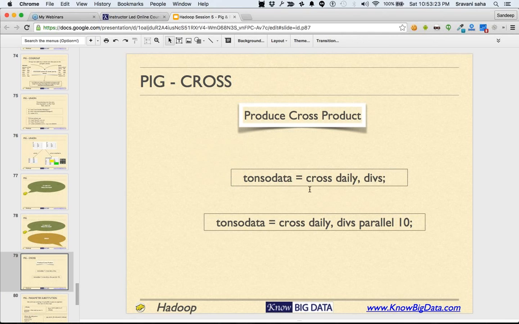Some of you must be wondering how this will be implemented in MapReduce. Again, I'll point you to the same example. The matrix multiplication example should give you a decent amount of background on how the cross product is done. Take a look at my matrix multiplication using Python.